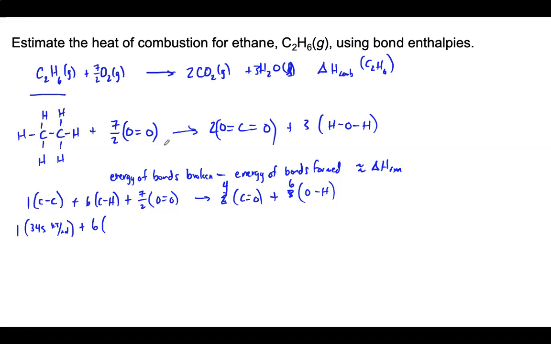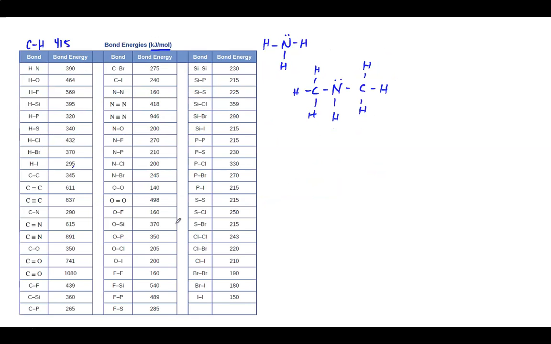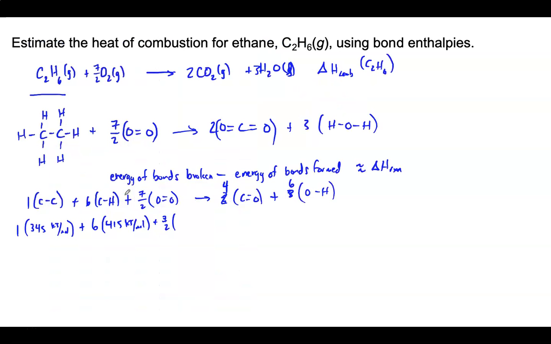So going back to here, we got 6 times 415 kilojoules per mole. And then we got to add 7/2 times O double bond O. And that's right here, 498. Make sure you get the double bond one. So 498 kilojoules per mole.